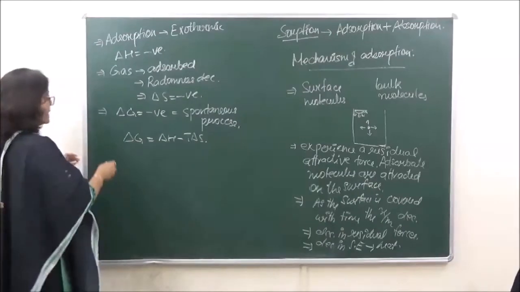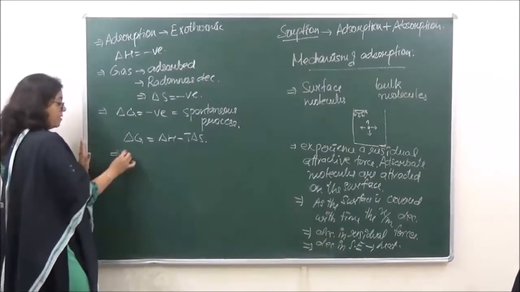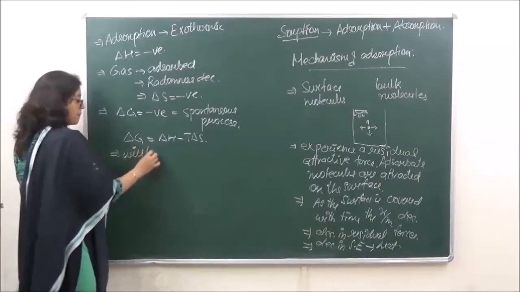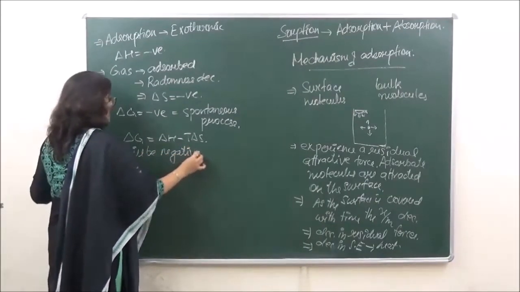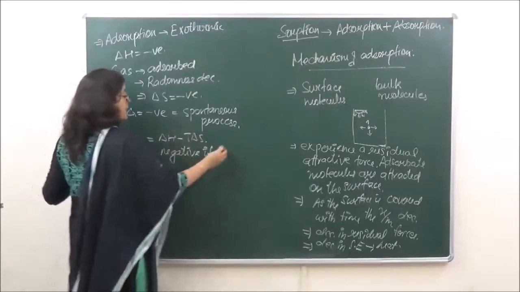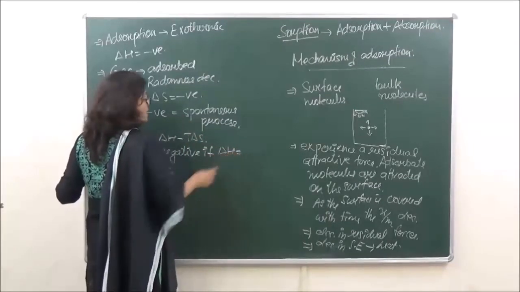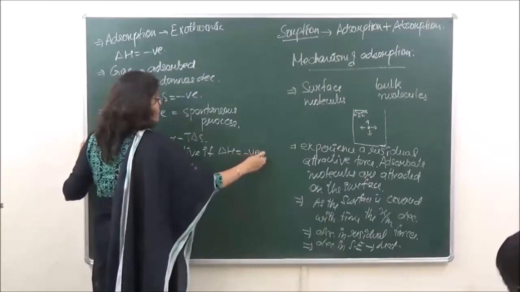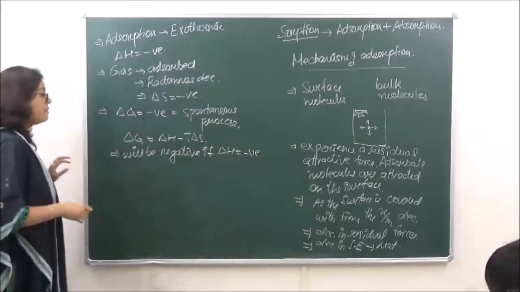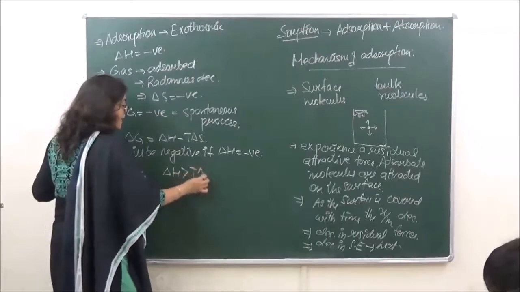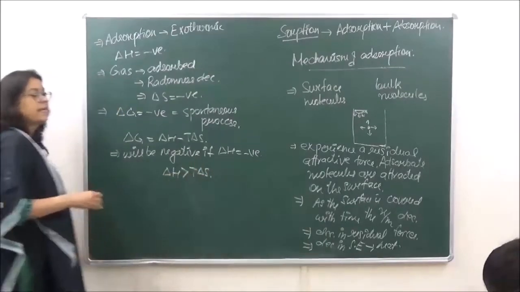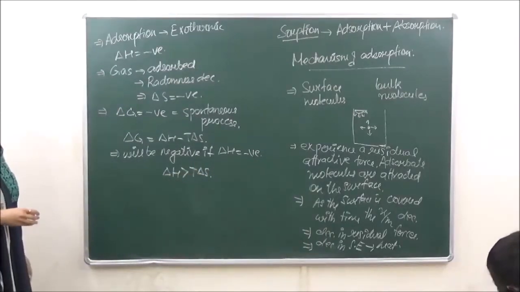So we say that delta G will be negative if delta H is negative, and the value of delta H is greater than the value of T delta S.